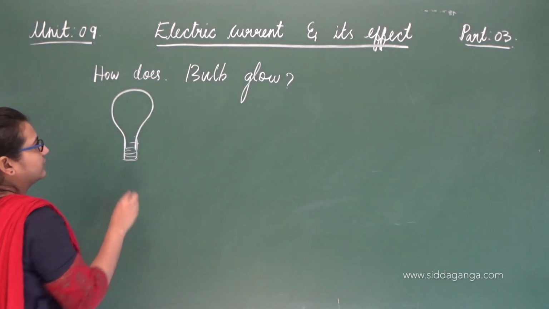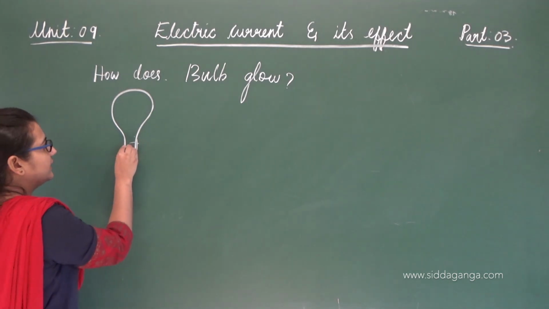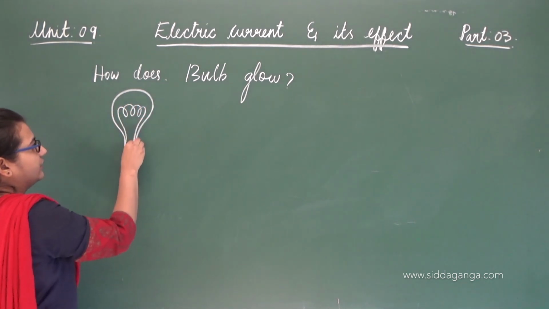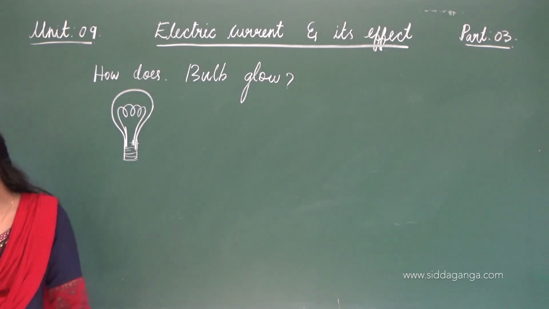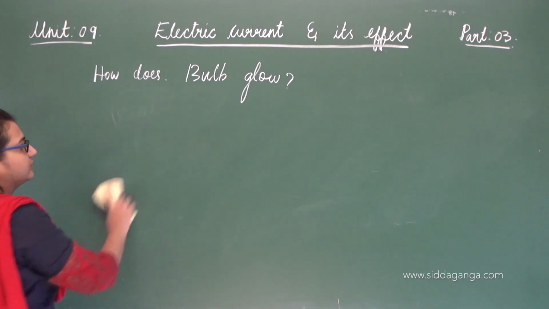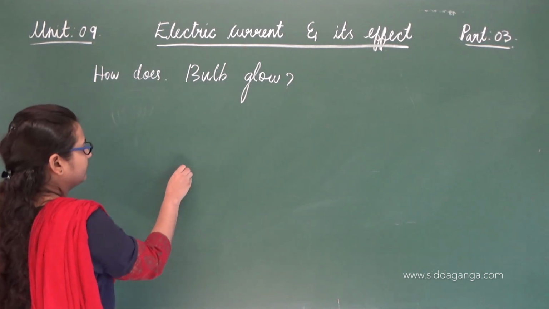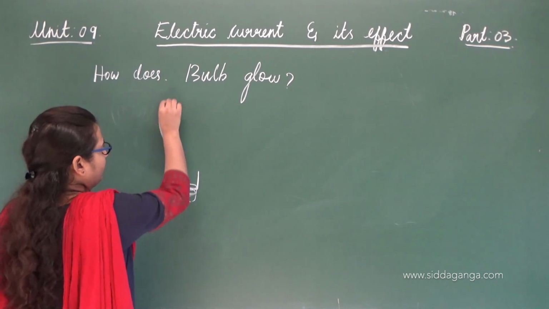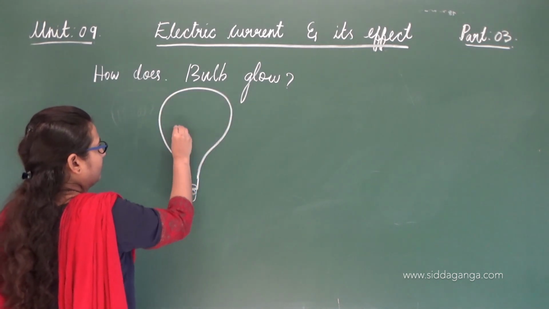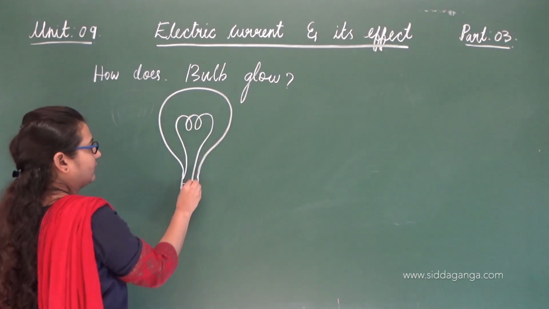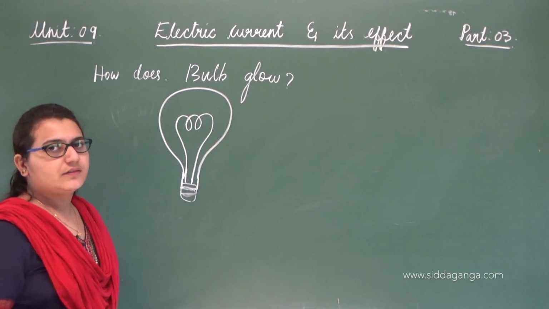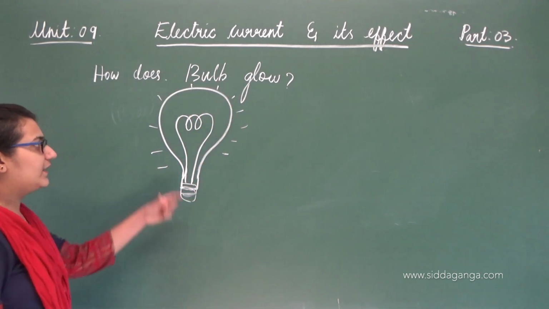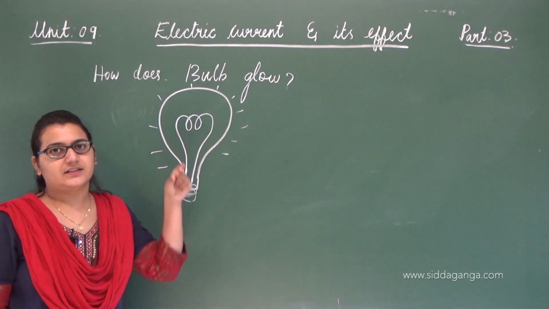If this is the bulb, you might have observed there is this structure inside it when it's glowing, a wire-like thing.